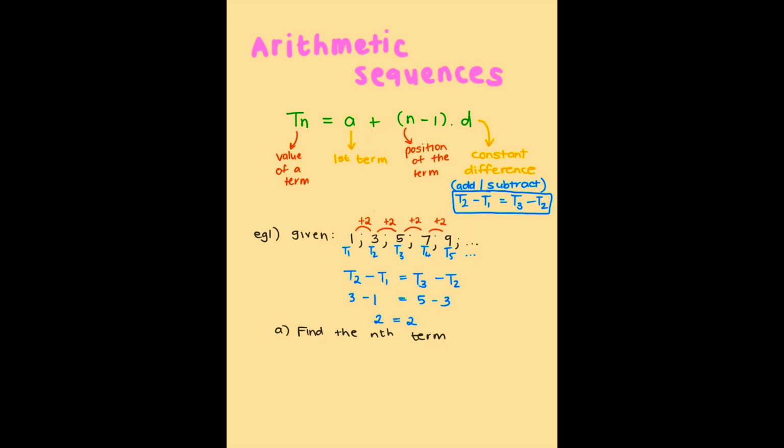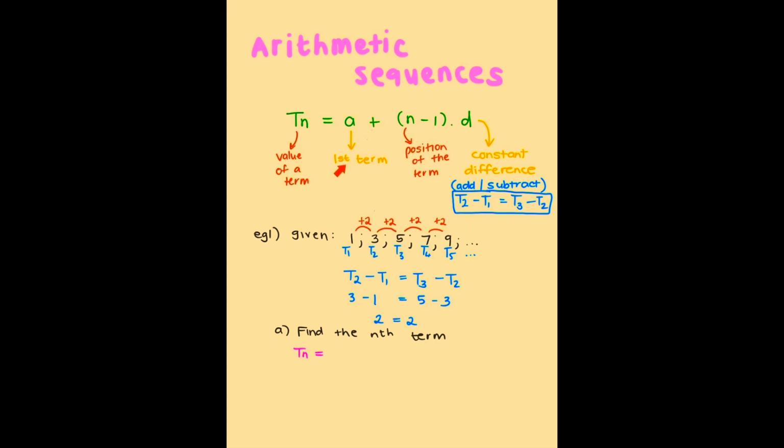And now we have to come back to this idea at the top. This is the general term for all arithmetic sequences, and now what will happen is my A and D will change according to the given sequence. Okay, so Tn equals A plus n minus 1 times D. What did we say A was?